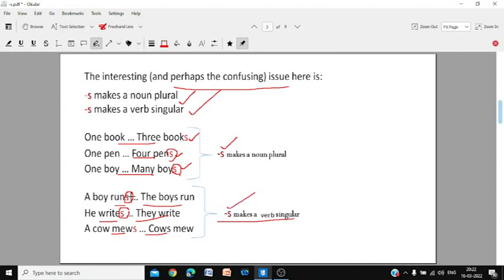In case of verb, adding S makes it singular, and in case of noun, adding S makes it plural. So S makes a noun plural, and S makes a verb singular.